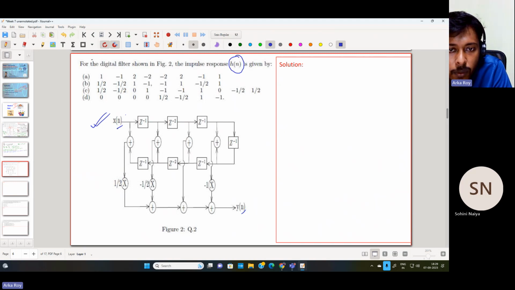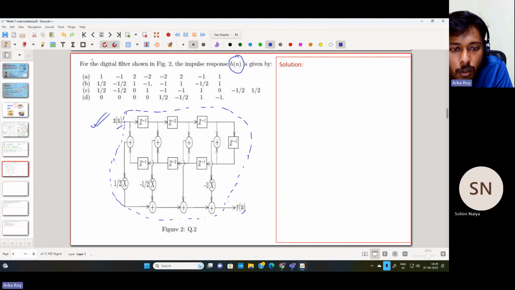The question is that we need to find the impulse response of this particular system. If I draw the equivalent model, the system is h(n), we are providing the input x(n) and the output is y(n). So we need to find what is there inside this particular h(n), so we need to formulate the filter coefficients for this particular system.